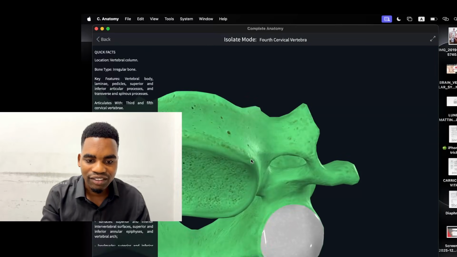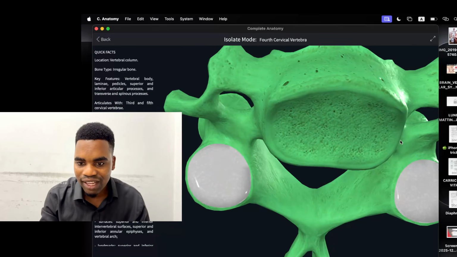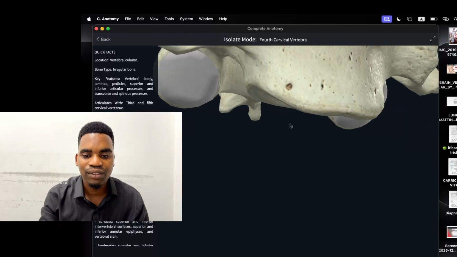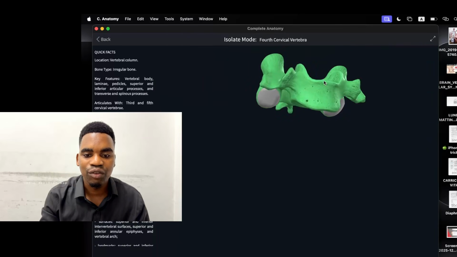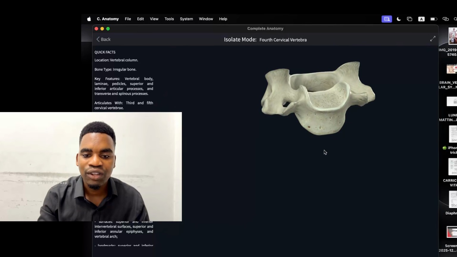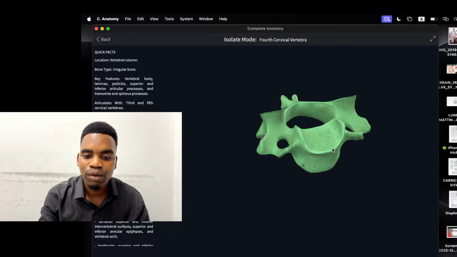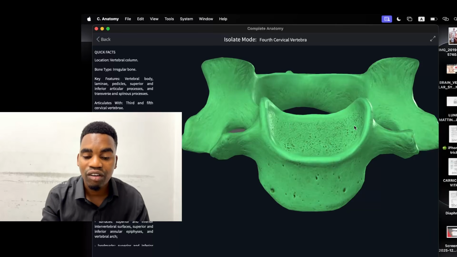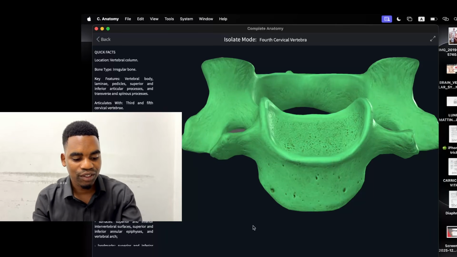The uncinate process fits into this indentation to form a joint, and this joint is called the joint of Luschka, or the uncovertebral joint.